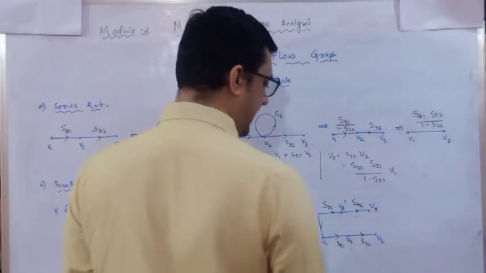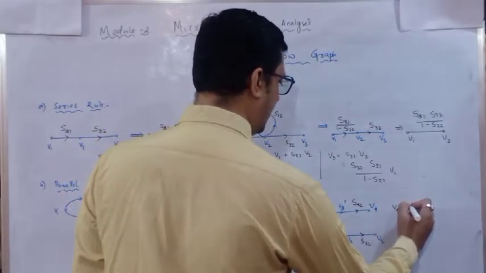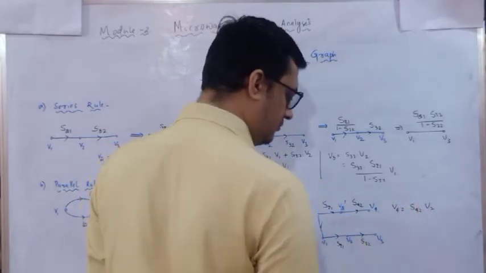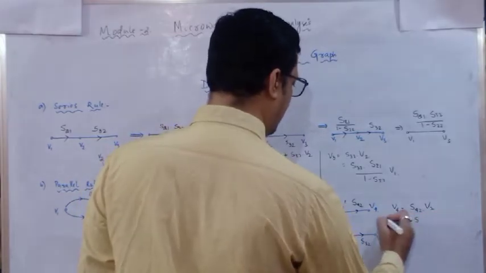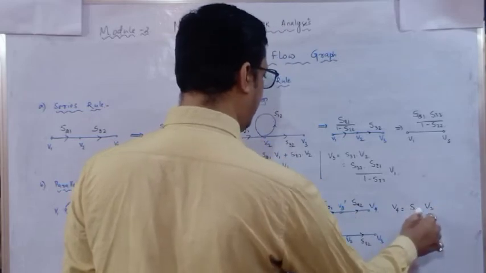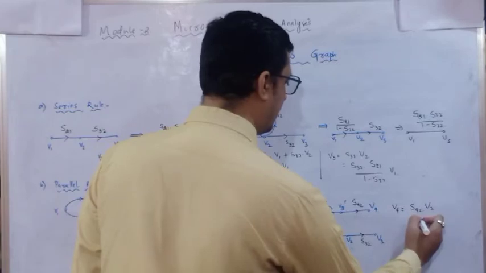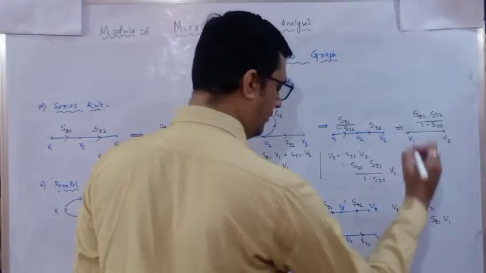So here I can write V4 is equal to S42 into V2, okay, which is equal to the total value in terms of V1. In place of V2, you can substitute S21 into V1. So it is S42 S21 into V1.